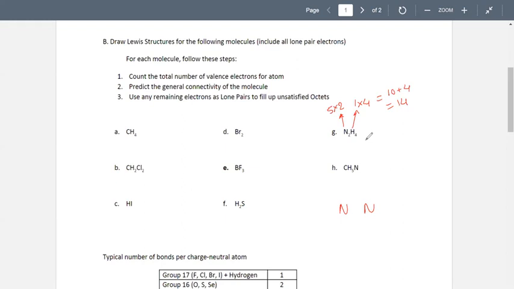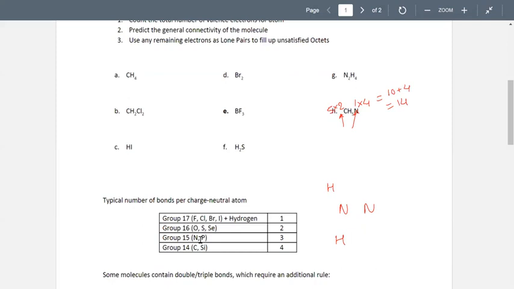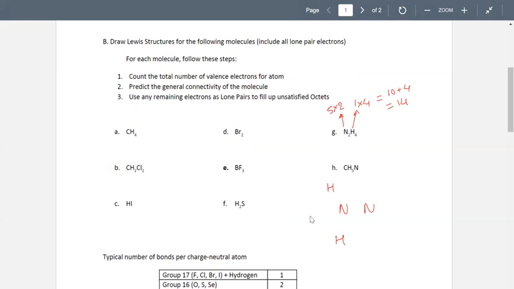We're going to divide those hydrogens on either side. 1 hydrogen here, 1 hydrogen here. And then you know that the nitrogen cannot have more than 3. Typically it can have 3 bonds.